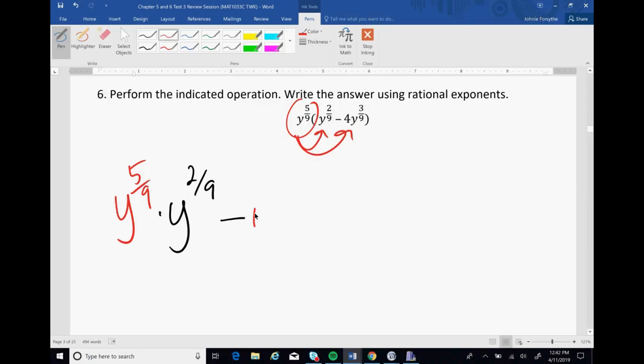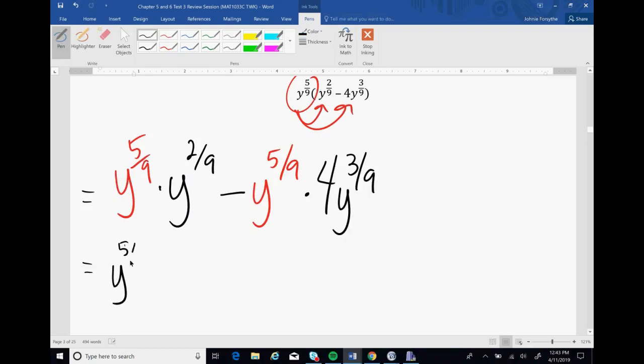When we are multiplying exponents with the same base, we'll add the exponents. So we have y to the 5/9 plus 2/9 minus, let's put this 4 in the front as the coefficient, y to the 5/9 plus 3/9. So now we already have common denominators. This is great.